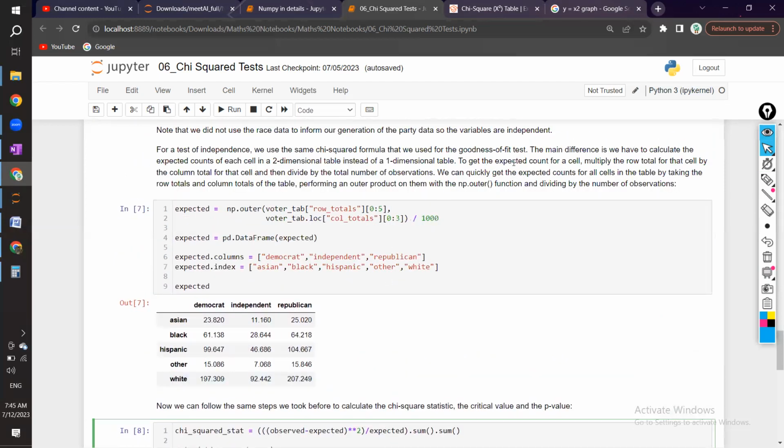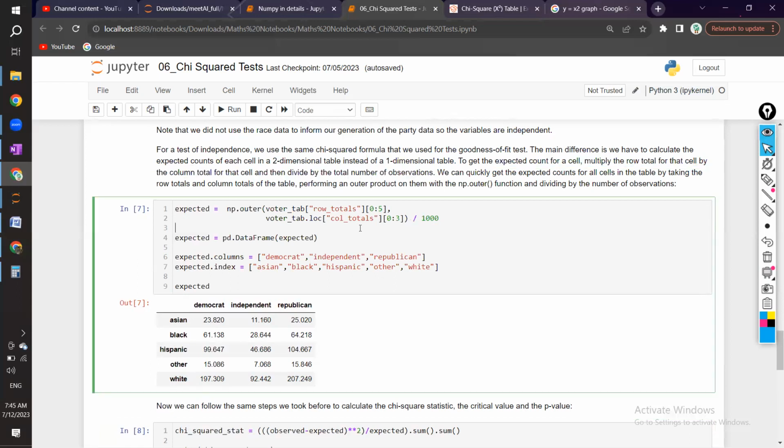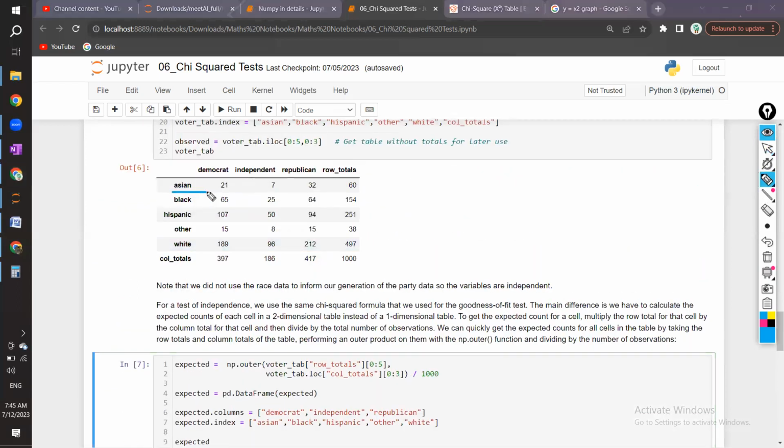So the main difference is, to get the expected value, multiply the row total for that cell by the column total for that cell, and then divide by the number of observations. See, for the Asian, what is the row total? 60.